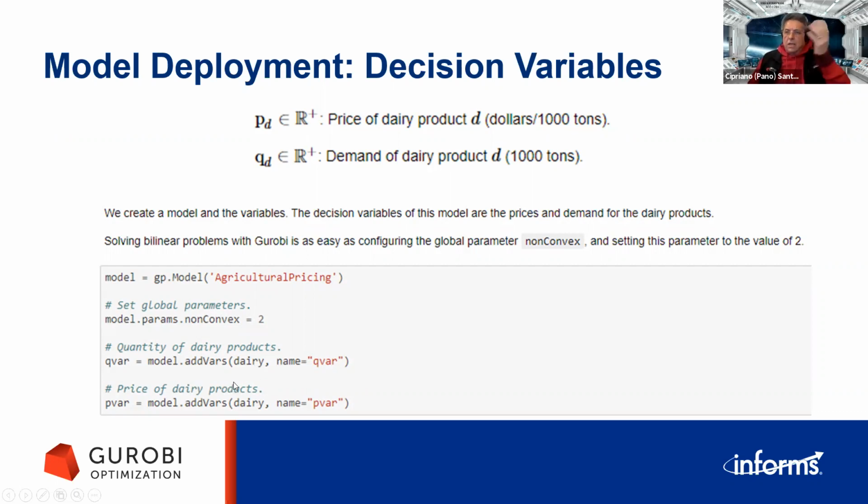And for prices, again, we use the same addVars method, defined over the dairy products. And this will be the name of the price variable, and this is the object where all the variables are going to be captured.